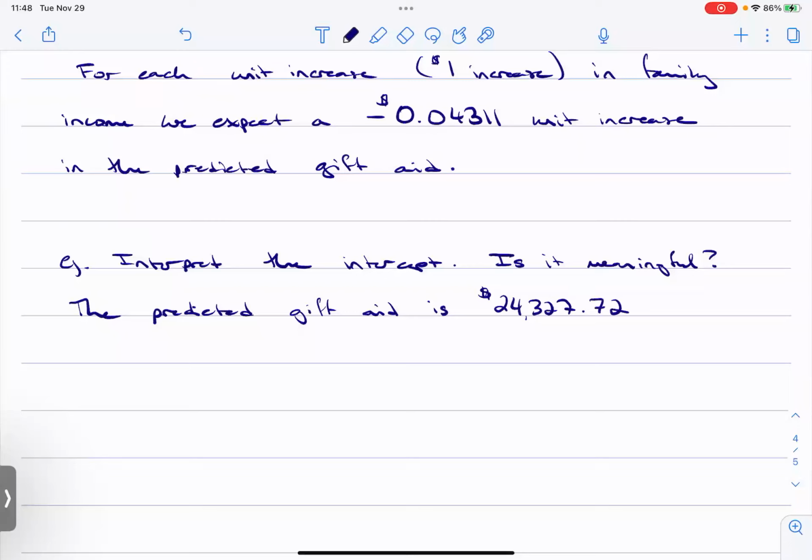So the predicted value of Y is the intercept when X, which is the family income, is 0. When the family income is 0. That's the interpretation of the intercept.